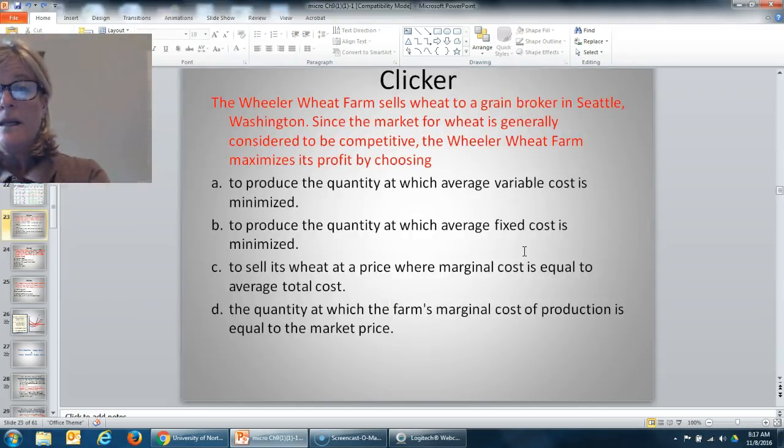Wheeler Farm sells wheat to a grain broker in Seattle, Washington. Since the market for wheat is generally considered to be competitive, they just told you what chapter to focus on. The Wheeler Wheat Farm maximizes profit by choosing, which one looks right?